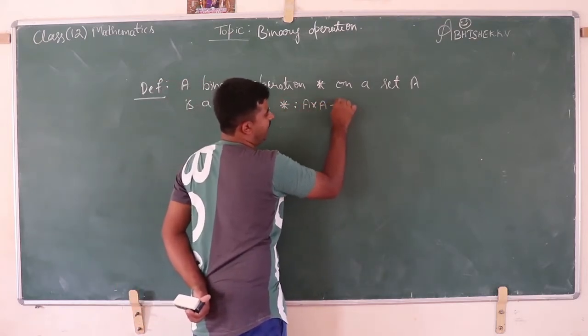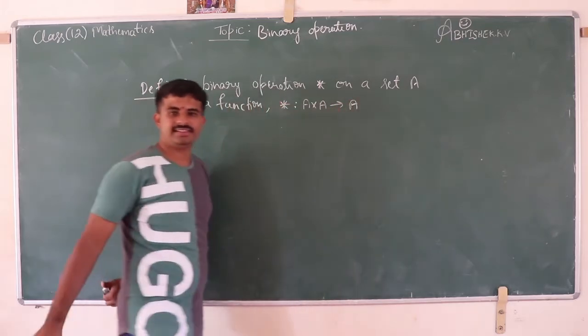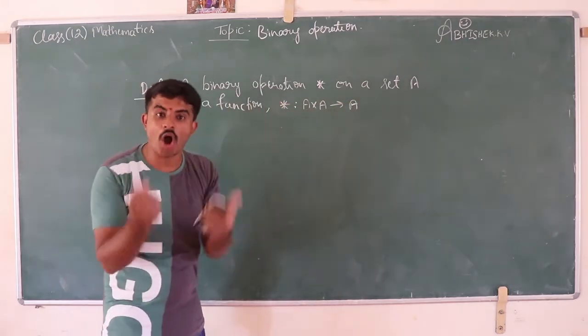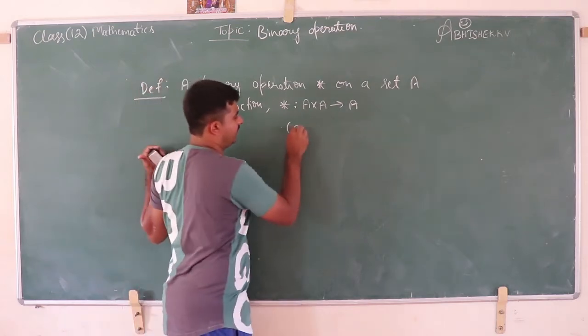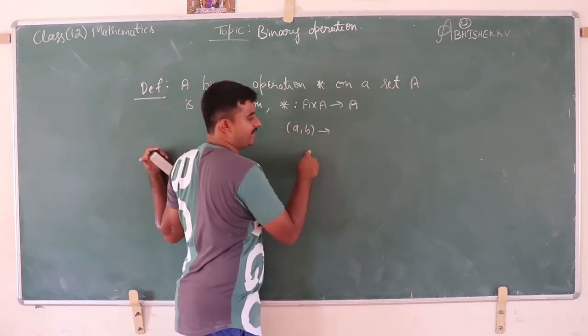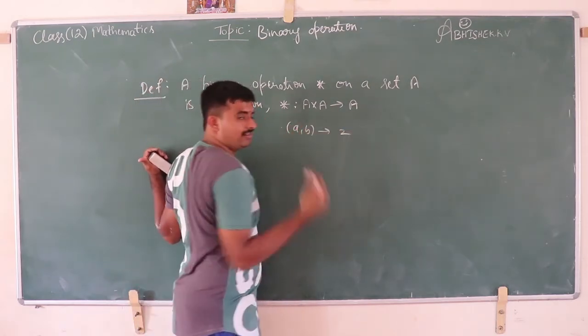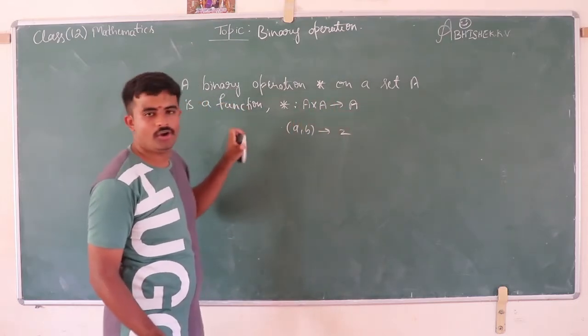A cross A, to the codomain A. A cross A is the set of ordered pairs. See, if I consider A comma B, then it has the resultant element, say Z. A cross A to A.